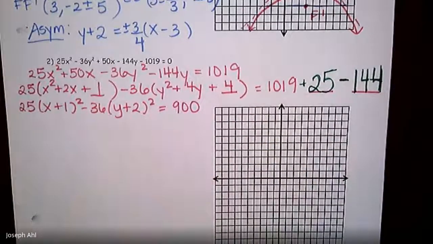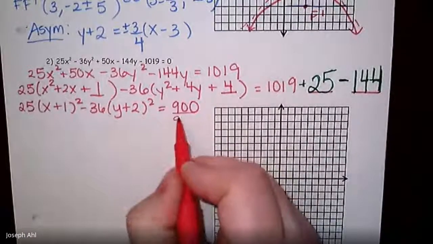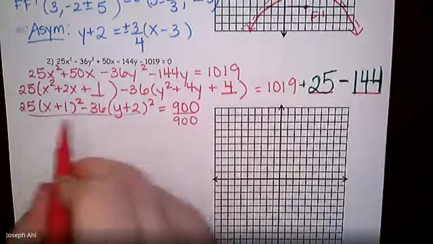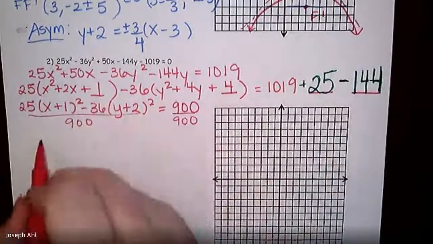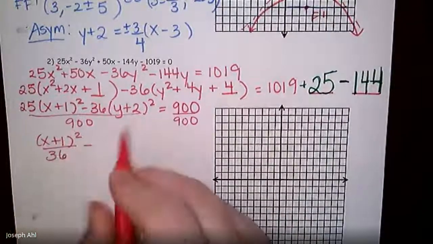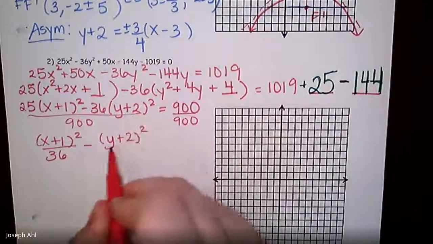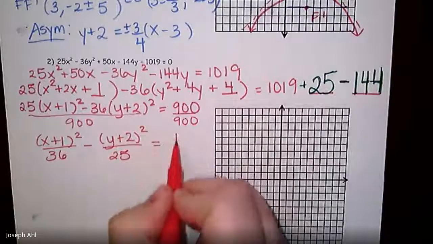And yes, 36 times 25 is 900. We see that happen a lot, the product of these numbers is this. It doesn't have to be, we've talked about that before. But if you divide both sides by 900, the final answer would be (x plus 1) squared over 36 minus (y plus 2) squared over 25 is equal to 1.